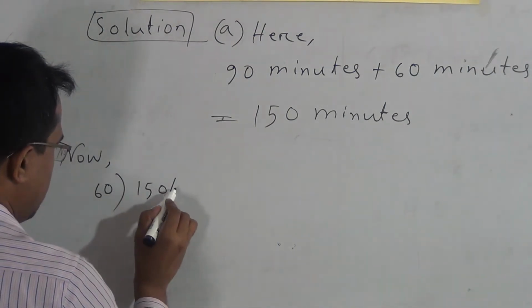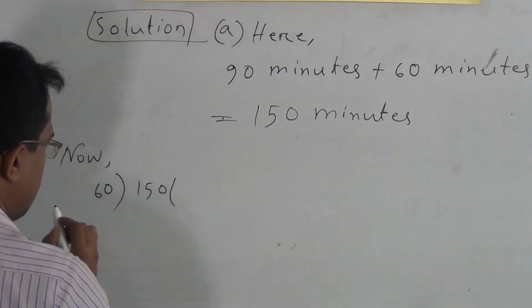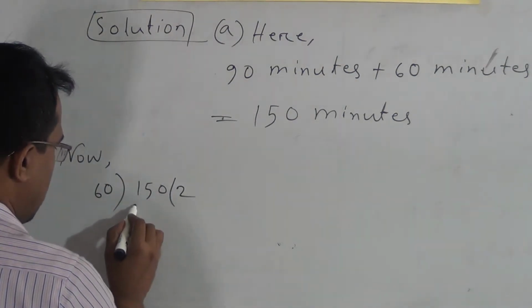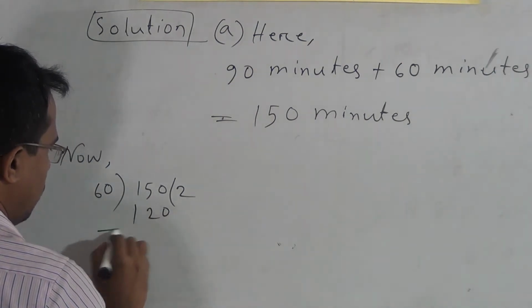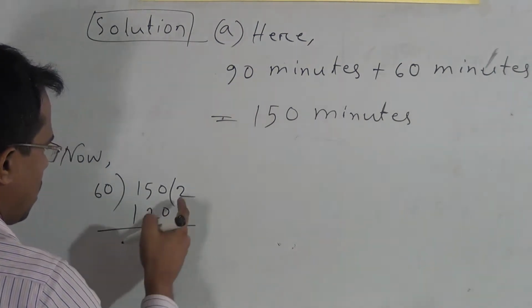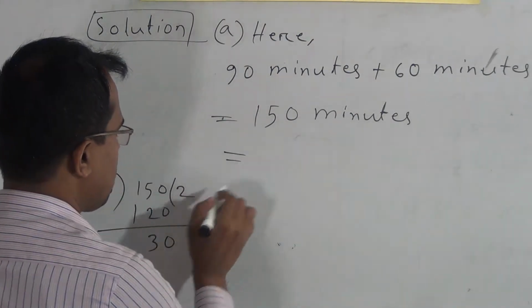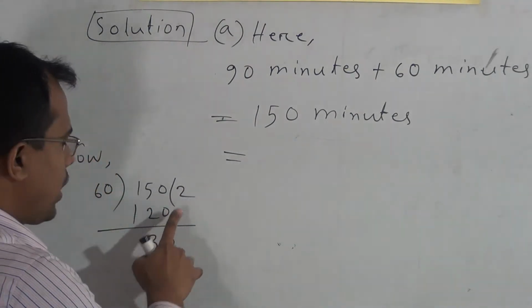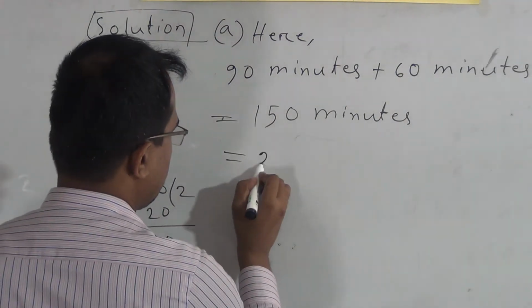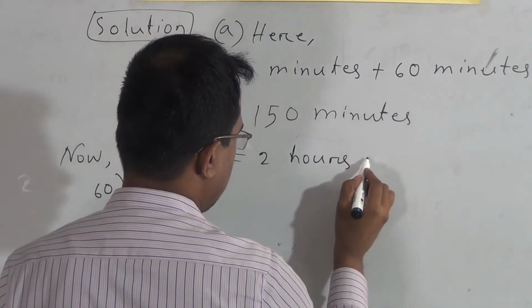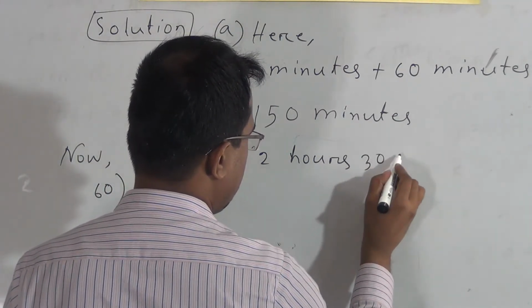Here 2 sixties are 120 and 3 sixties are 180, which is greater, so we have to give 2 times. If we give 2 times, then it is 120. That means remainder 30 and quotient 2. So this is equal to 2 hours 30 minutes. It will be hours and it will be minutes. 2 hours 30 minutes.